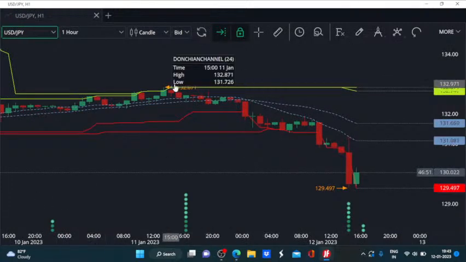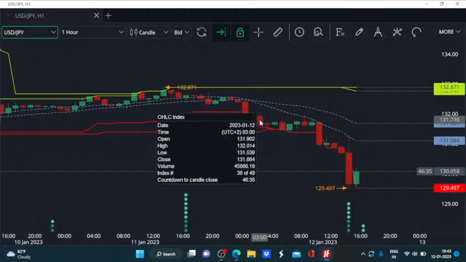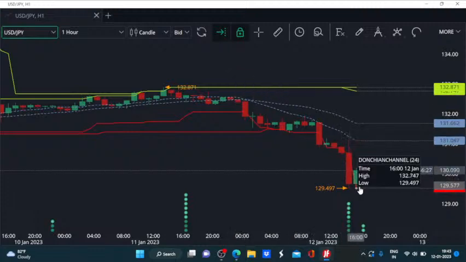JPY in today's session has also appreciated significantly. If we look at the high and low, it has appreciated more than 1 percentage point. At one point in time, the appreciation was fairly close to 2 percentage points in total move, starting at the level of around 132.5 and declining 300 pips to 129.5.